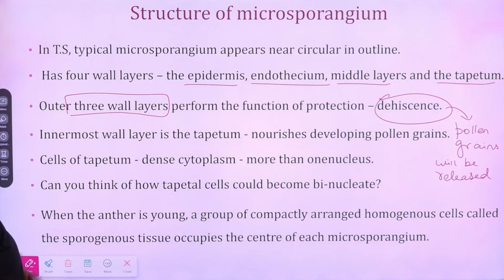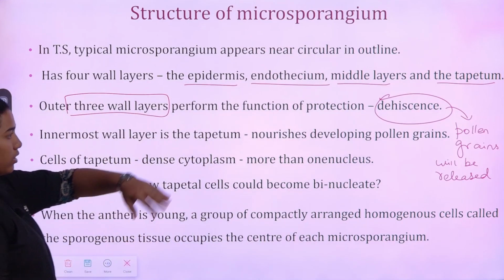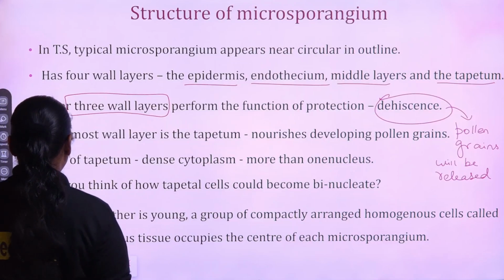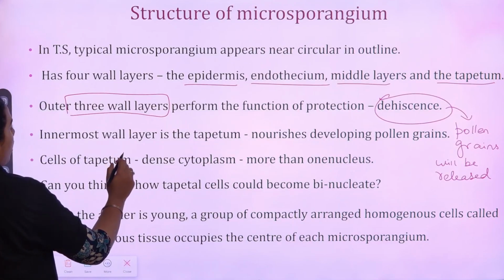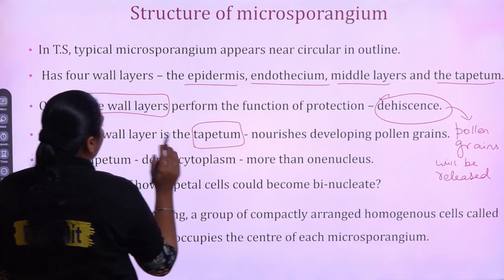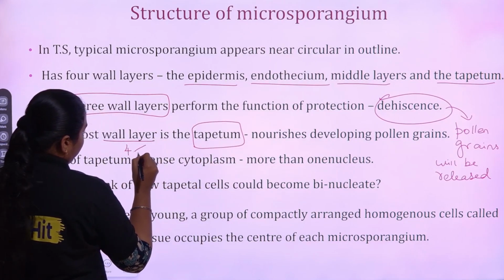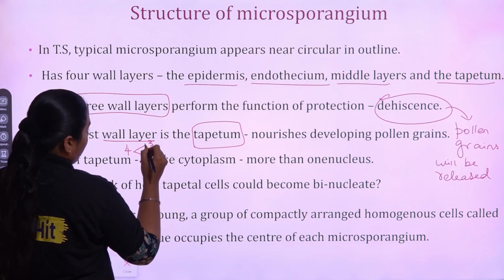Once they undergo the dehiscence process, pollen grains will be released. The innermost wall layer is known as tapetum. So remember how many wall layers there are? 4. We can group them into 3 and 1.